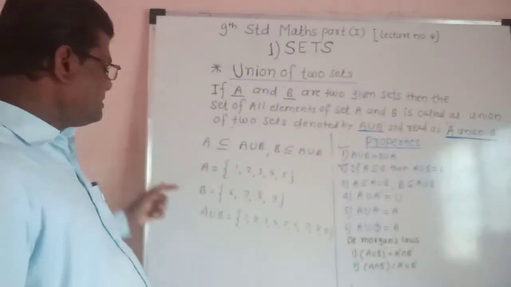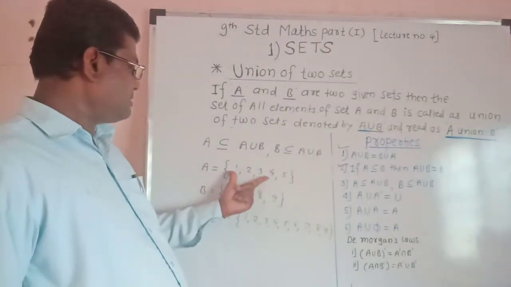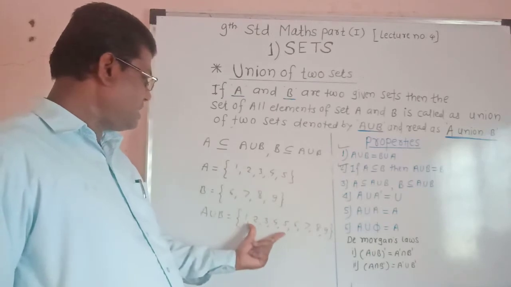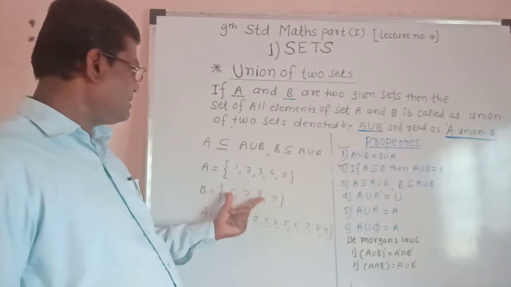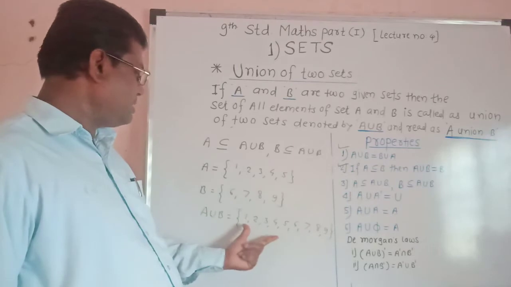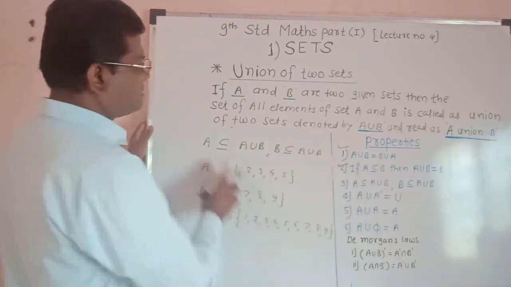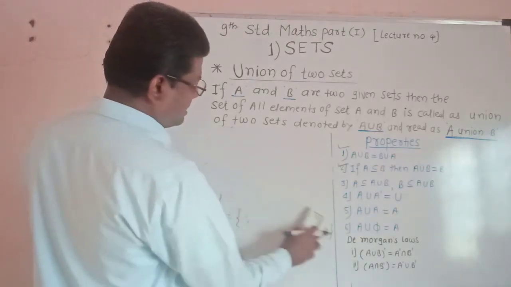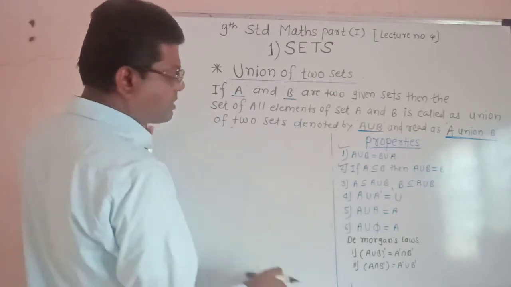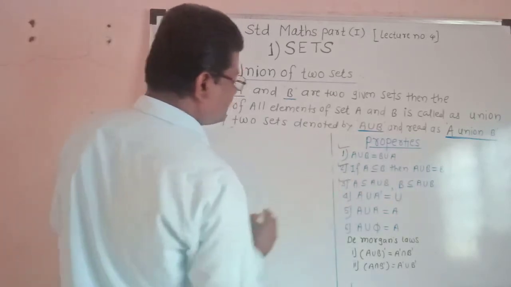From this we can see that A is a subset of A union B and B is also a subset of A union B. This is property number 3. Now let us see property number 4.